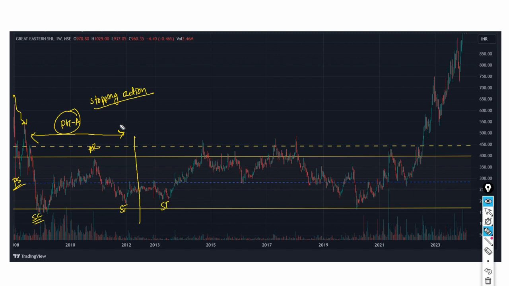The stock enters from a downtrending environment to a non-trending environment. The initial behavior was a trending environment, now it is a non-trending environment. So the stopping action, this initial phase, is phase A, and that is the intention of the phase.